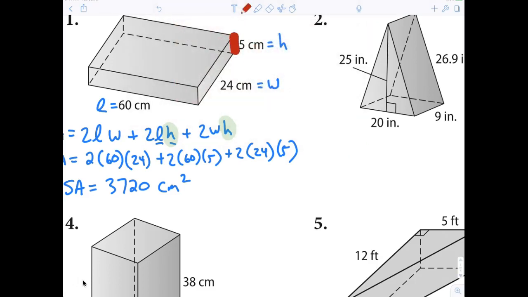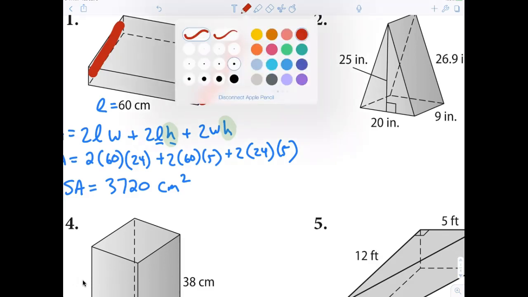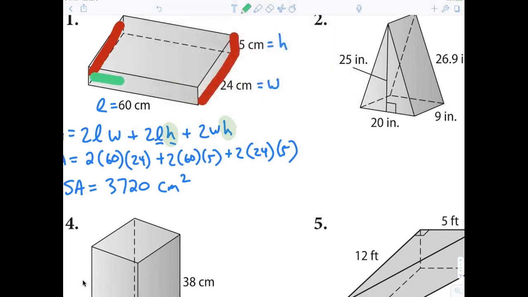This and this, that's 5 times 24, right? Times 2, because it's over here. You with me? That rectangle on the side wall is H times W. And then there's 2 of them, right? Now look here. If I ask about this wall right here, that wall is length times height. Agreed?